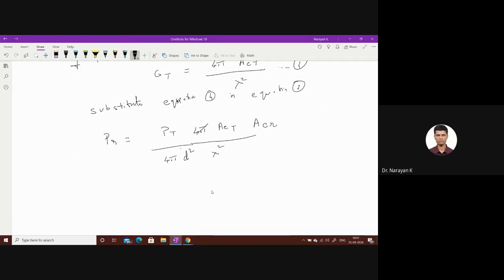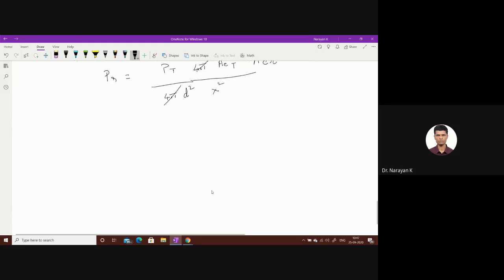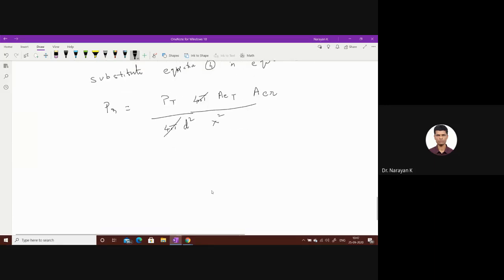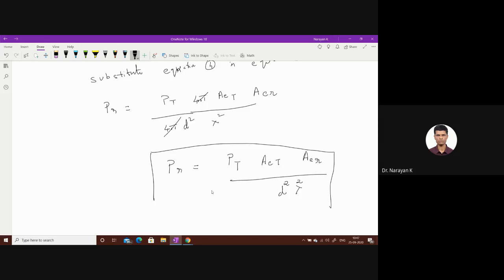So your 4 pi will get cancelled. What you end up getting is power received PR equals PT into AET into AER divided by d square lambda square. This is what your Friis transmission formula tells. This is your final derivation.